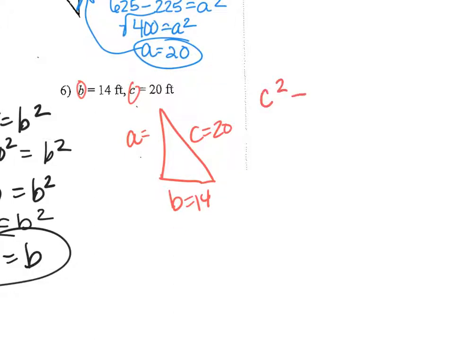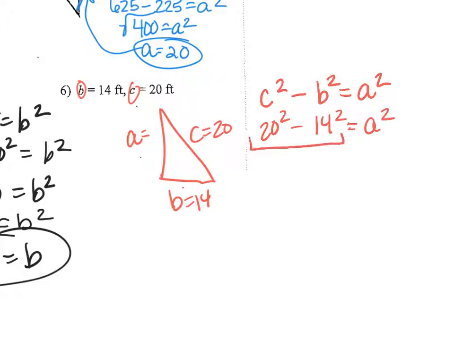I'm going to say C squared minus the leg I know, B squared, equals A squared. So 20 squared minus 14 squared equals A squared. And I'm going to plug this whole thing in the calculator. So 20 squared minus 14 squared is 204 equals A squared.